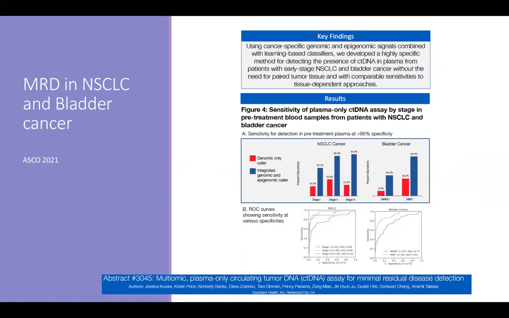So you would be able to detect more ctDNA in the blood. So you'll see sensitivity going up as high as 83% for non-small cell stage 3, and bladder 69% with the muscle invasive type. And the ROC curves look pretty good.